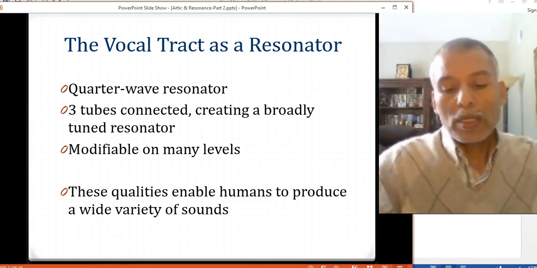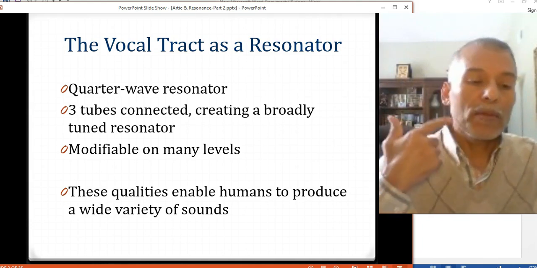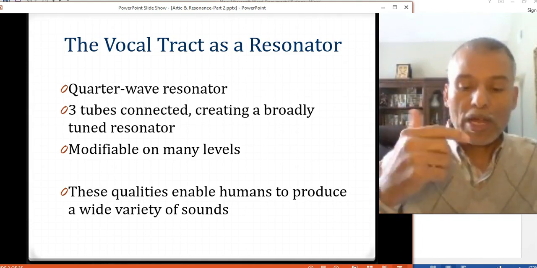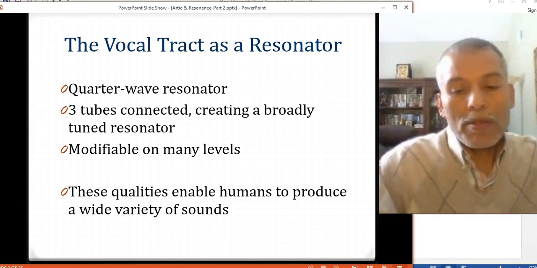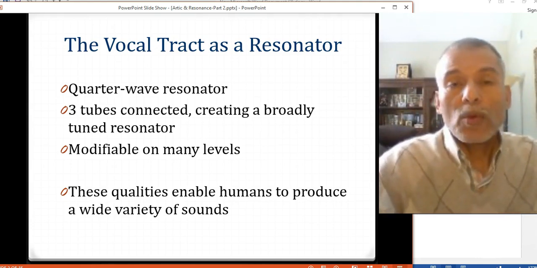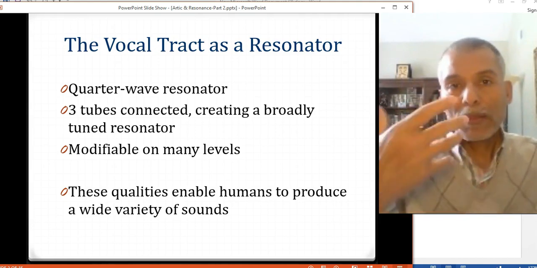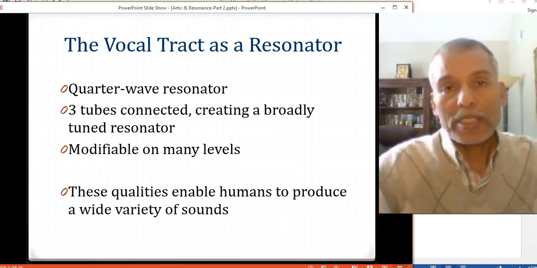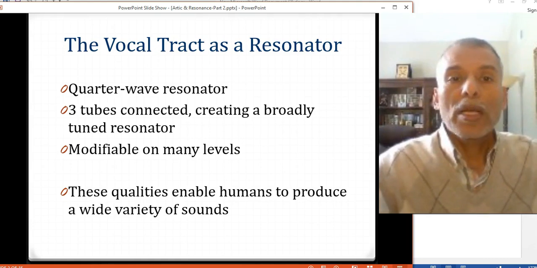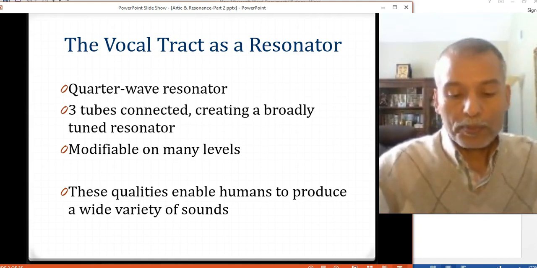The frequencies that remain in the vocal tract are those that enhance the wave, and when you add them all together, they produce resonance, a clear, loud sound.